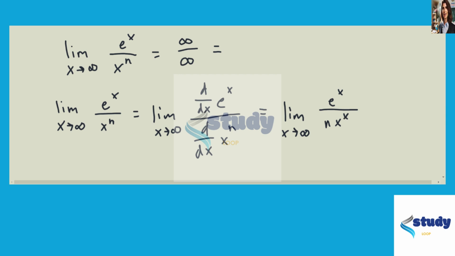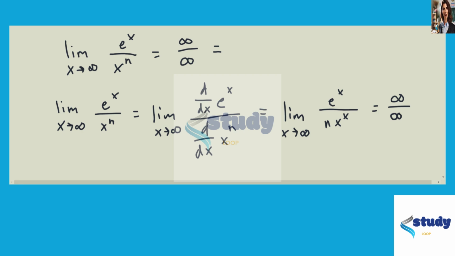If we do that, we would get infinity over infinity. Once again, that is the indeterminate form. So we're going to apply L'Hopital's rule another time.